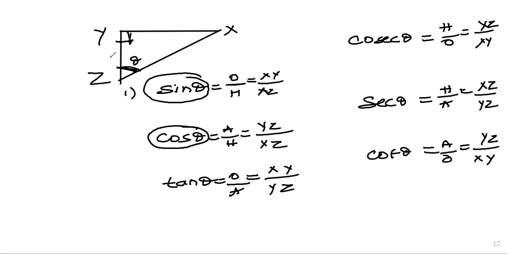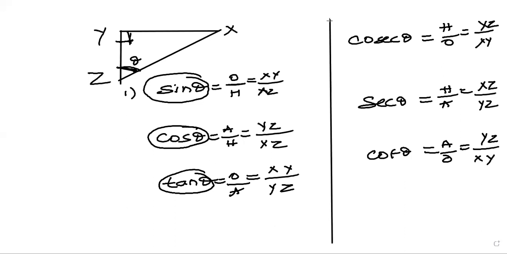Cos theta is adjacent side upon hypotenuse: YZ upon XZ. Tan theta is opposite side upon adjacent side: XY upon YZ.